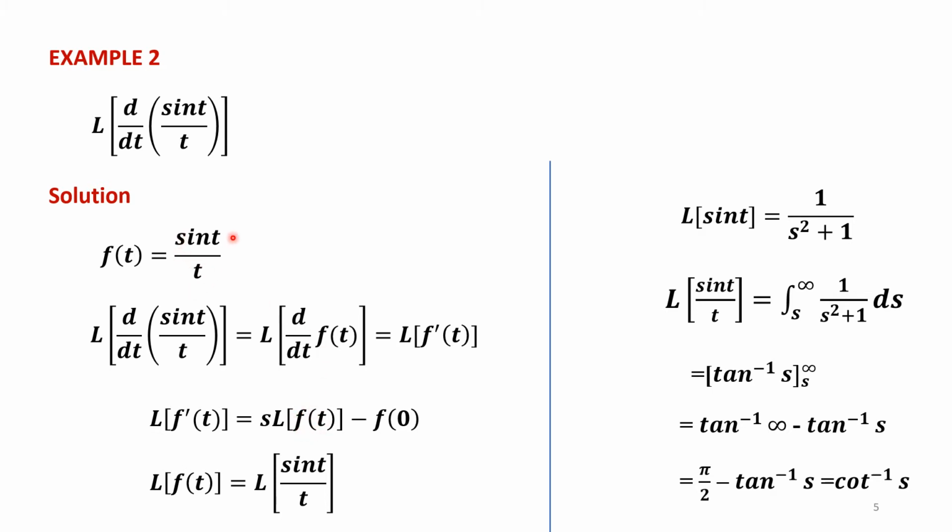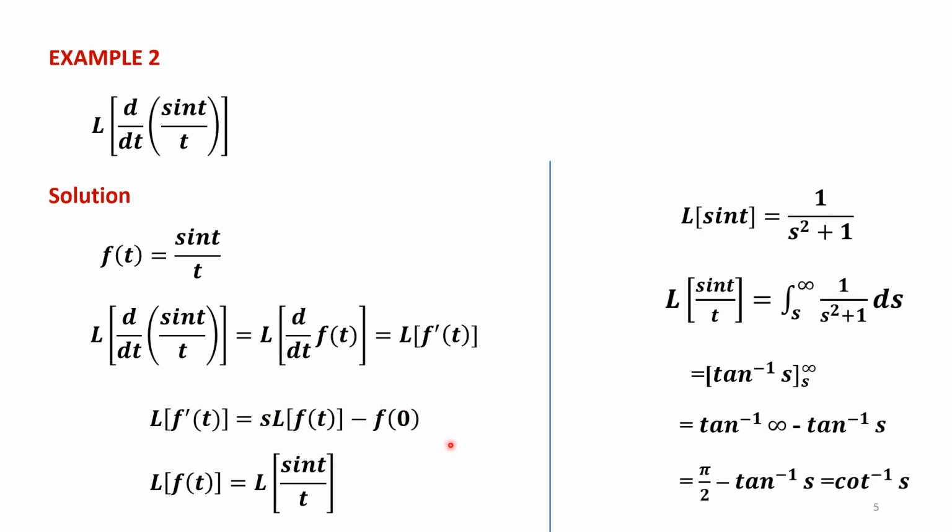We calculate the Laplace transform of sin t by t using the division by t property: calculate the Laplace transform of the numerator function, then integrate between the limits s and infinity. Applying the limits, L of f of t is cot inverse of s.